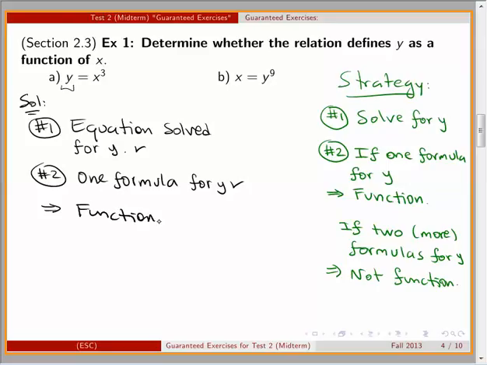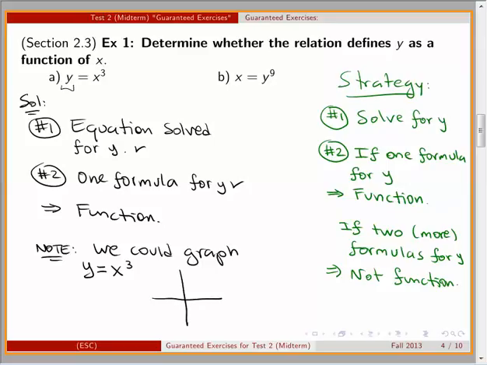And if you want to see that this is indeed a function by using graphs, we could graph it and then using the graph we could apply the vertical line test. So we can also graph this, and in section 2.6 we cover these functions.